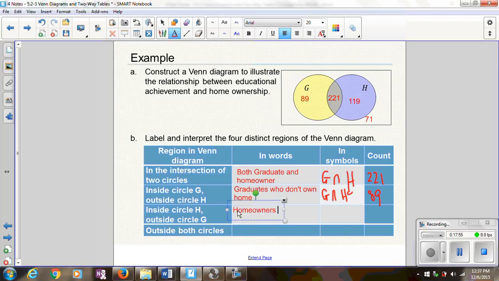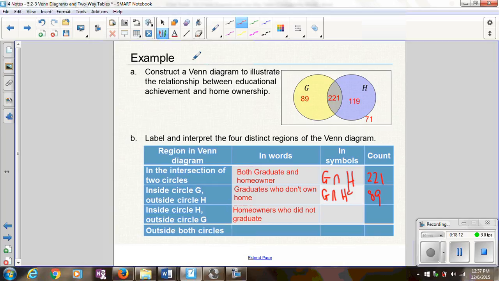And in symbols, now it's going to be H intersecting with not G. So I could also just keep the G first and say G complement intersecting with H. And I know there are 119 individuals in that part of the circle.